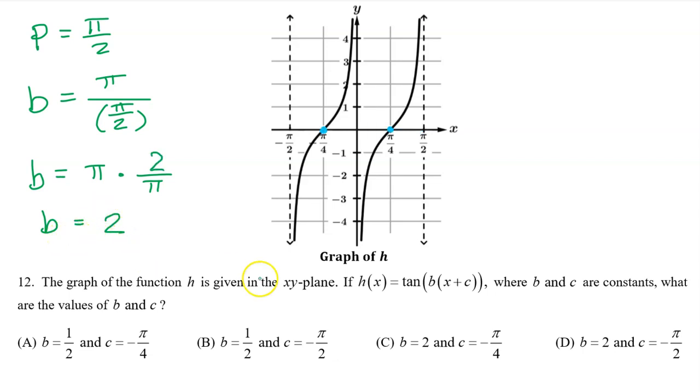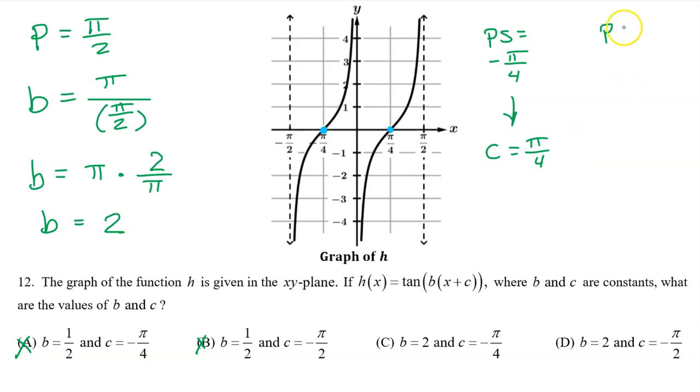With this b value, we have narrowed it down to option C or D. We can eliminate A and B. So now we need to find the c value. The c value is the opposite of the phase shift, and the phase shift is always going to be one of these points of inflection. So if the phase shift is negative pi over 4, then the c value is going to be positive pi over 4.